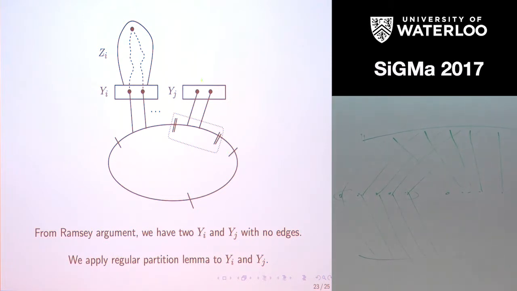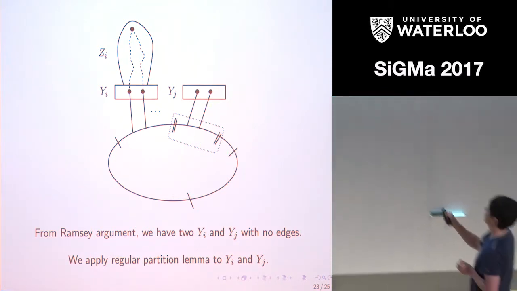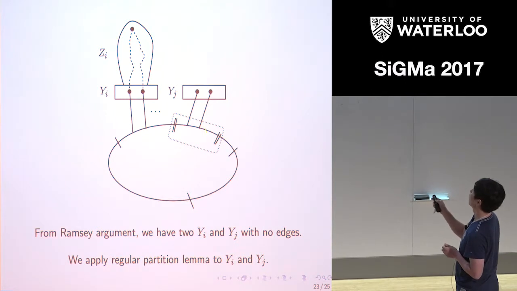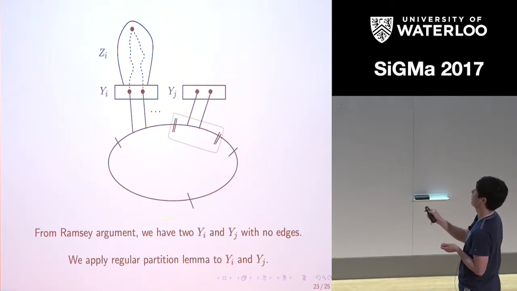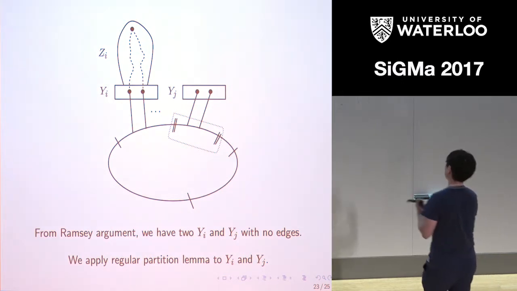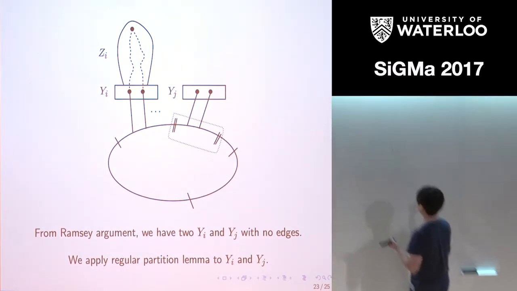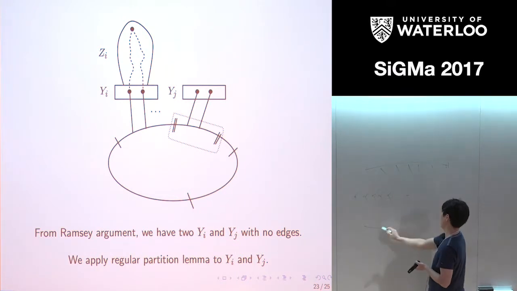For the second set, I just take a regular partition lemma for these smaller parts. So we only know the information here, but we don't know the information between Yj and this other part. But we can argue that whatever this guy is adjacent to, we can find the fan as a vertex minor.